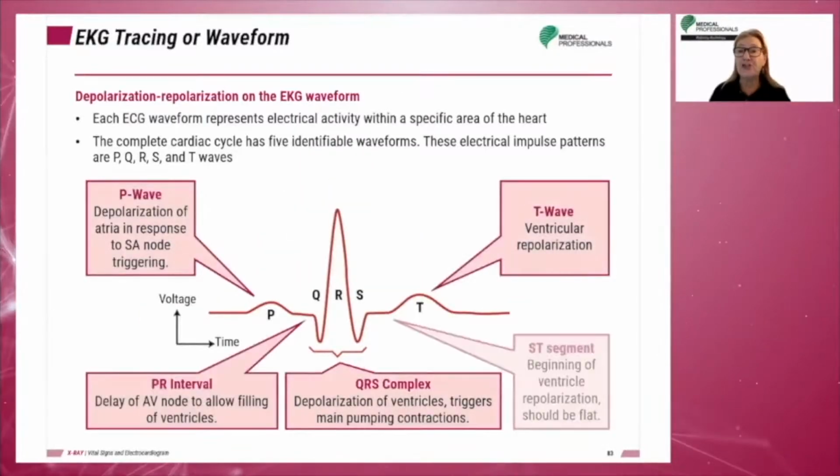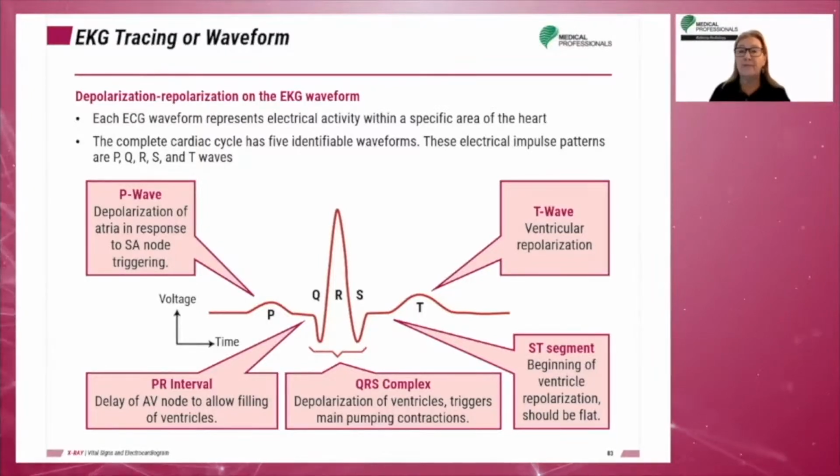Each EKG waveform represents electrical activity within a specific area of the heart. The complete cardiac cycle has 5 identifiable waveforms. These electrical impulse patterns are P, Q, R, S, and T waves.